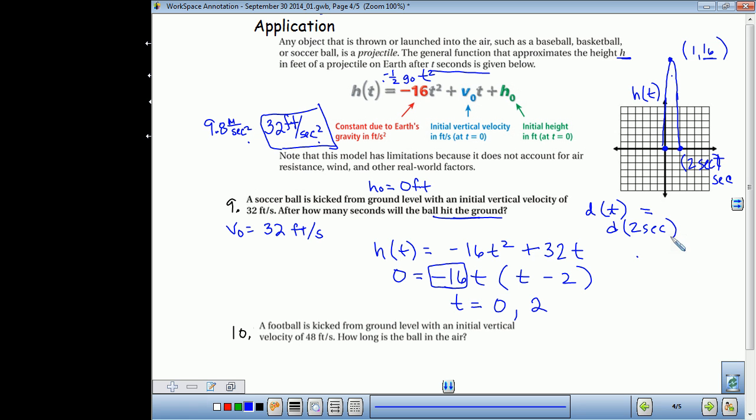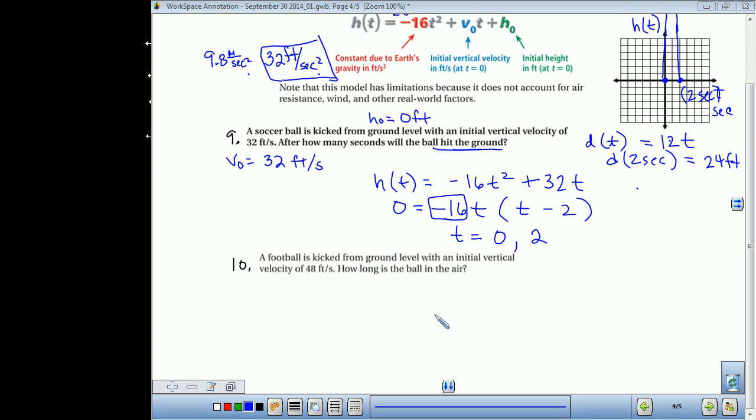No. This is the height. It's different. So I would have to give you a second function to represent distance. So we might say it traveled a distance of 12 feet per second. So we would plug in 2, and we would get that the ball went 24 feet. So you would just have to have a second function.